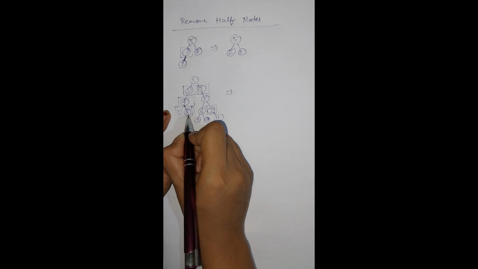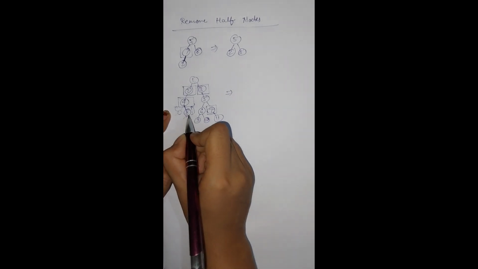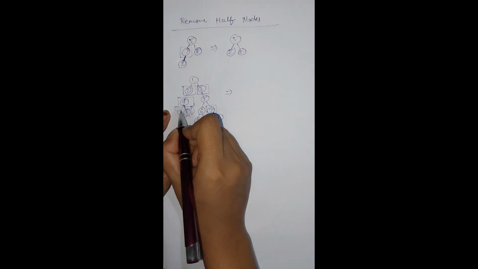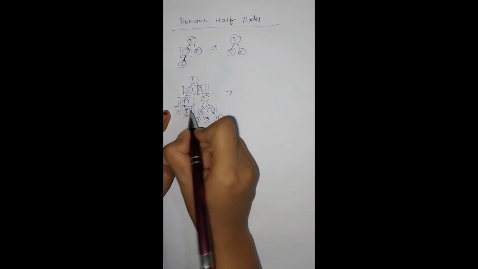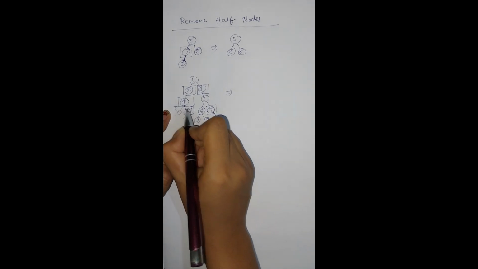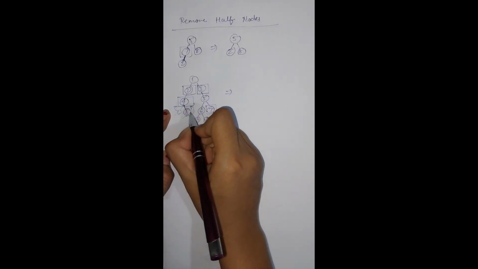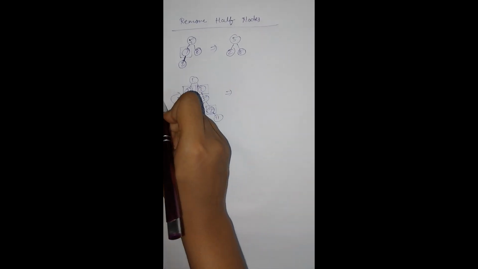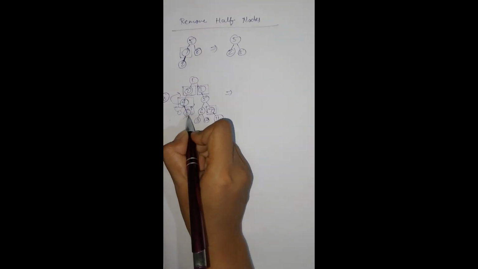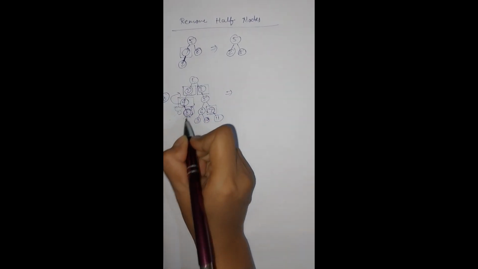So it is returning the 8 root node, and then 4 has its left child as null and its right child as not null. So 4 will return the not null child to its parent. So 4 will return the 8 node, its right child.